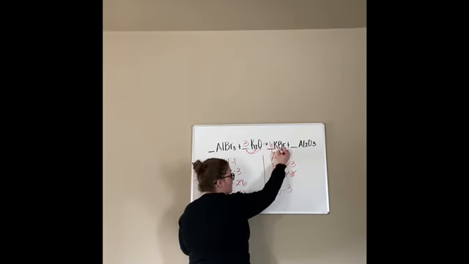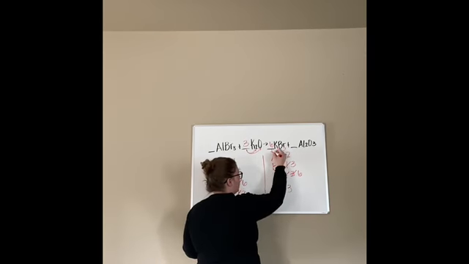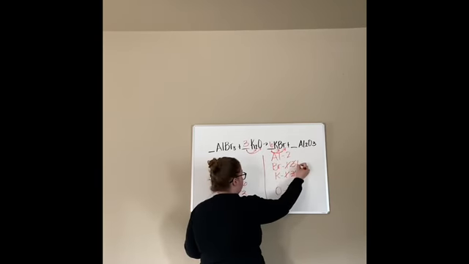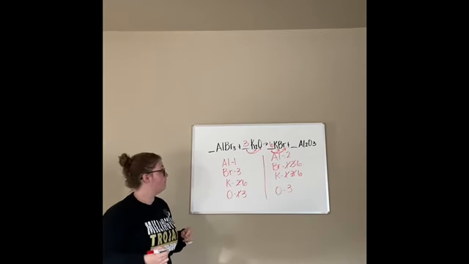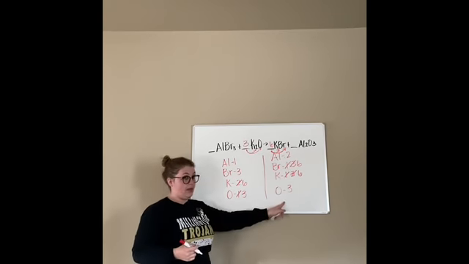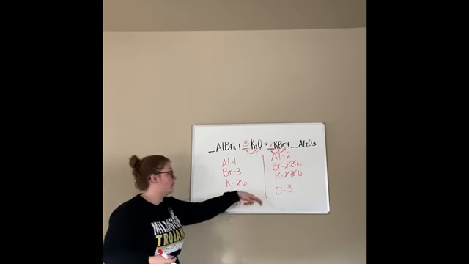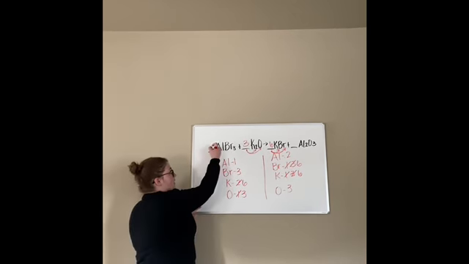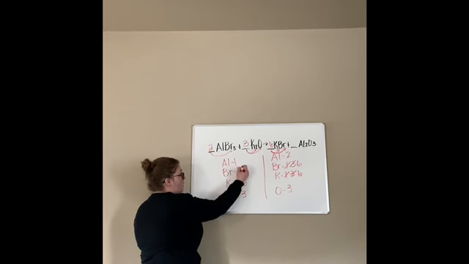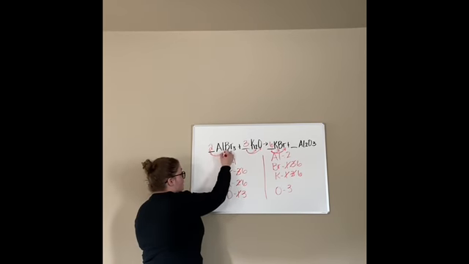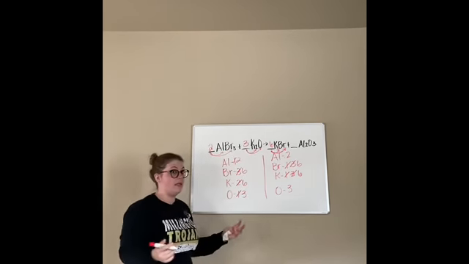So now 6 times 1 is 6, and 6 times 1 is 6, right? So now my oxygens are balanced, my Ks are balanced, but now I have 6 Brs over here and I only have 3 over here, which means I need to put a 2, because 2 times 3 is 6, and then 2 times 1 is 2, and now it's balanced.